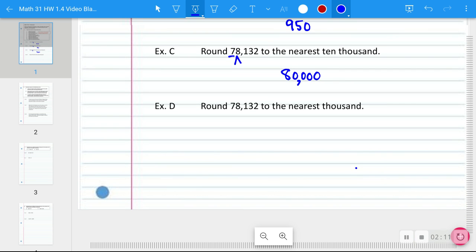So in both example C and D, we're dealing with 78,132, but this time we're rounding to the nearest 1,000. So we're going to underline that 8, and we're either going to leave it as 78,000 or bump it up to 79,000. And when you got a mere little 1 there, you're not going to change anything. That 8 is going to stay an 8. So 78,000.